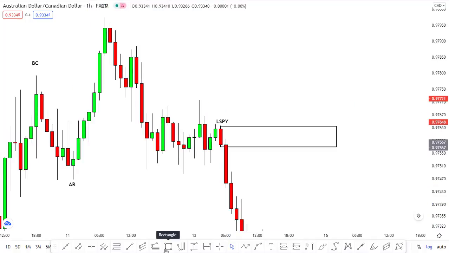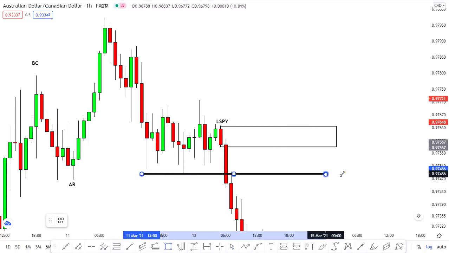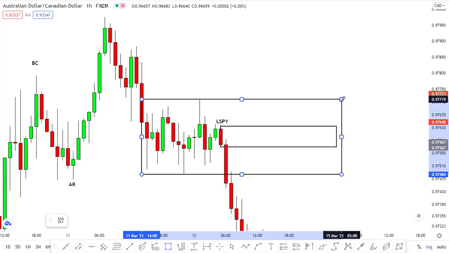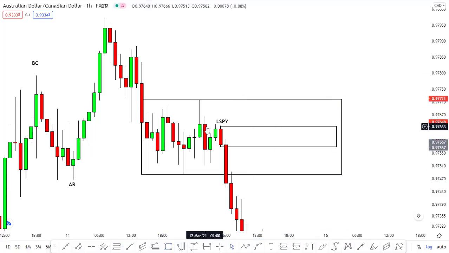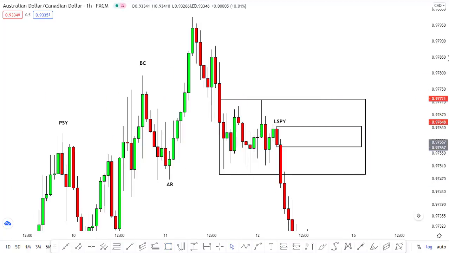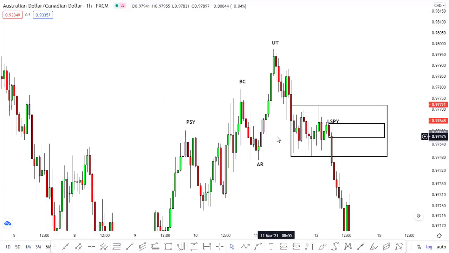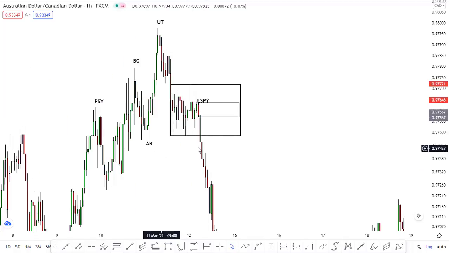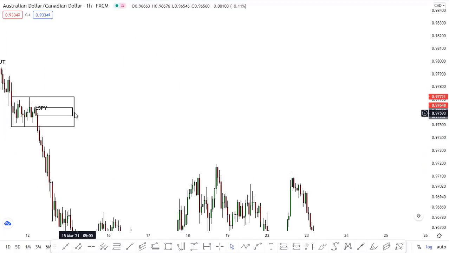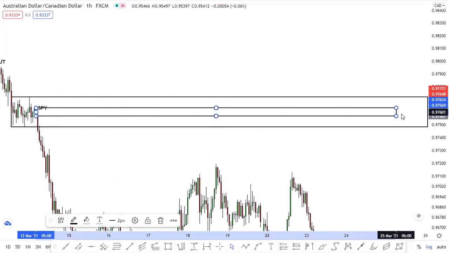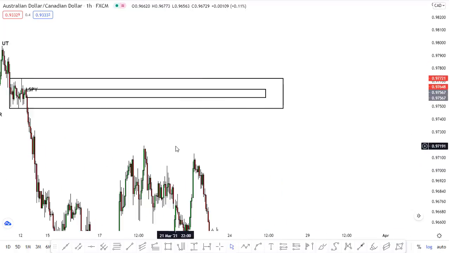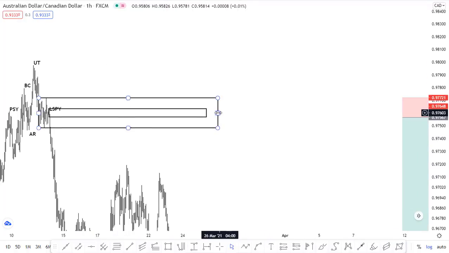If you're not able to find this last point of supply like this, you can use the whole area as your entry area and as your point of interest. So we try to expand these levels to see what happened in the future.